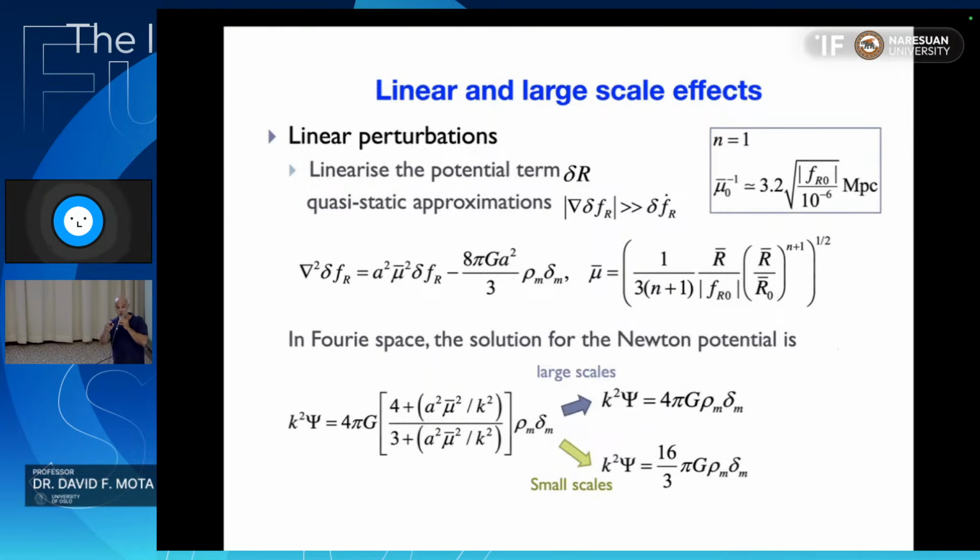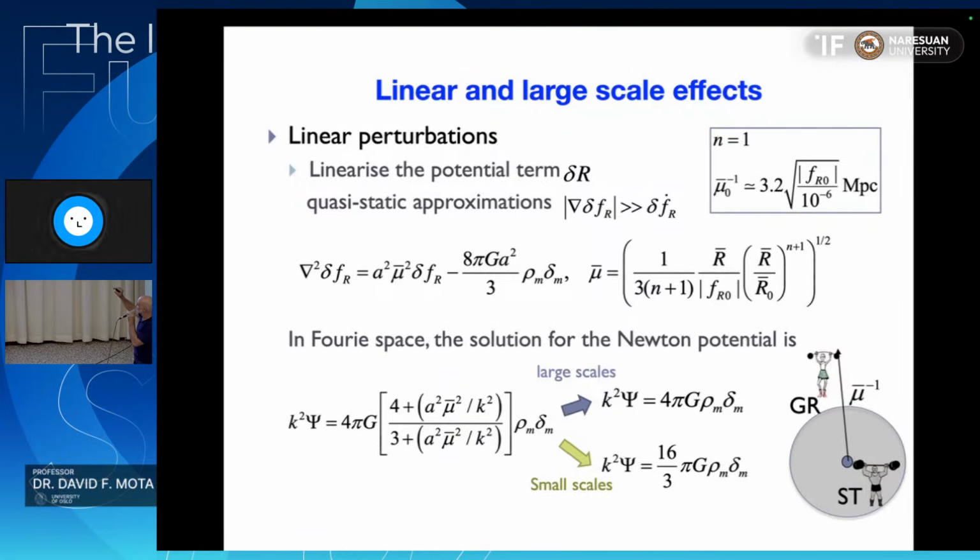So for those of you who know structure formation in general relativity, you will notice that this is just the pure general relativity Poisson equation, while this one is a modified Poisson equation. What it means is that if you are an observer at small scales, then you have a very strong gravity force.